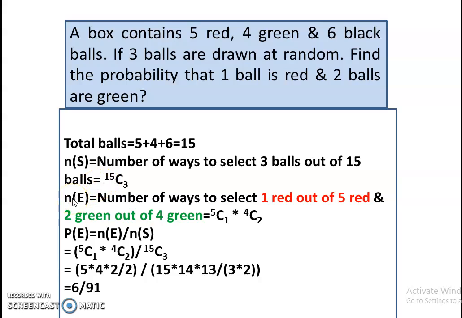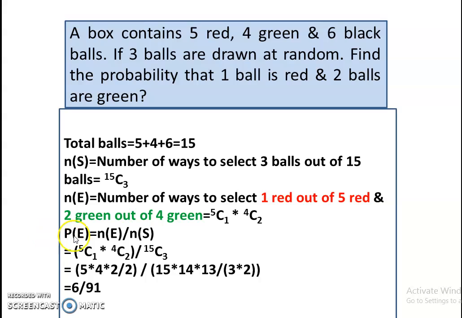Now outcomes in favor of event of getting 1 ball red and 2 balls green is given by 5C1. We have 5 red balls and we are selecting 1 out of 5 red balls. We have 4 green balls and we are selecting 2 green balls. We have discussed this kind of combination in the combination video. You can refer to the video.